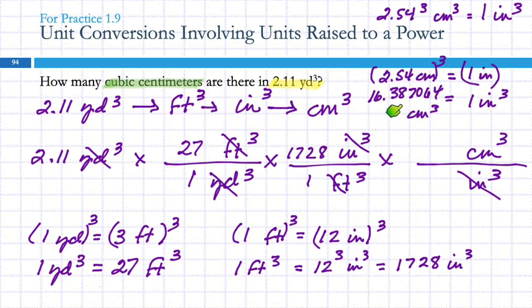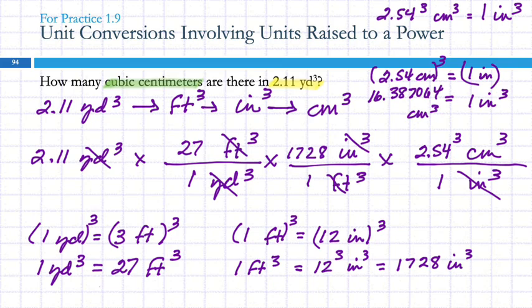So, the numbers here can get a little messy. If you prefer to just put in 2.54 cubed, so 2.54 cubed is 1 inch cubed, you could do that too.